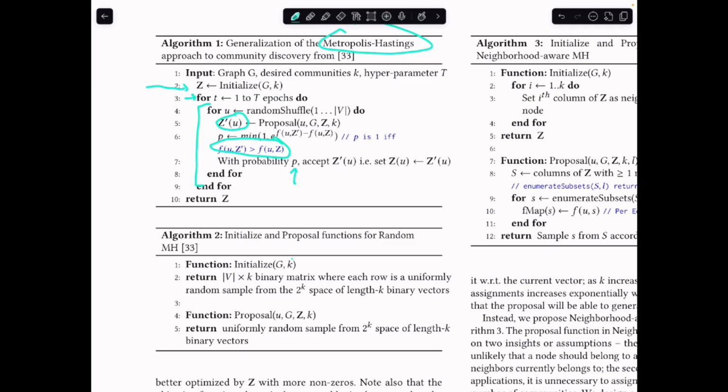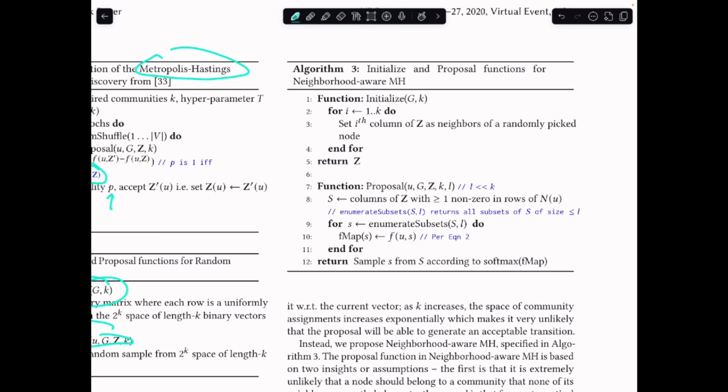The original approach is that for both initialization and the proposed new community assignment, it is always random. As you can see, if you always assign randomly, it will take very long for this algorithm to converge. That is why in the Twitter paper, they propose some heuristics.